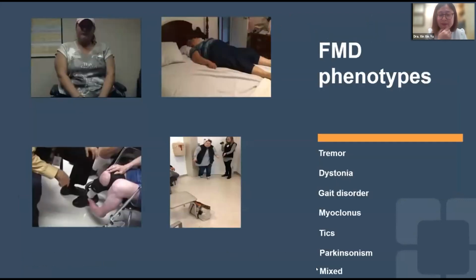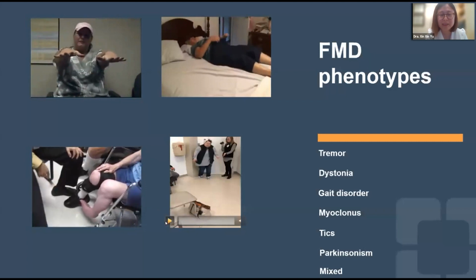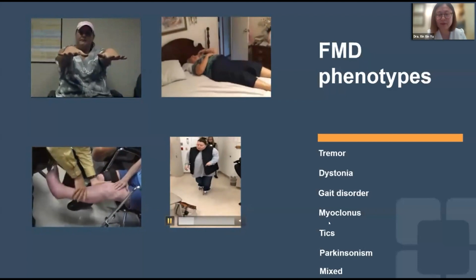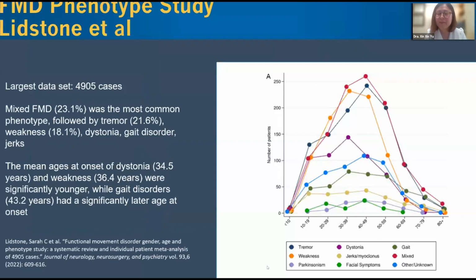So we'll discuss some of the phenotypes commonly seen with FMD. FMD can manifest with any type of abnormal movement, including tremor, dystonia, gait disorder, myoclonus, tics, parkinsonism, or a mixed type of these different phenotypes. The largest FMD data set was made possible internationally, involving 70 authors on this FMD phenotype study with close to 5,000 cases.